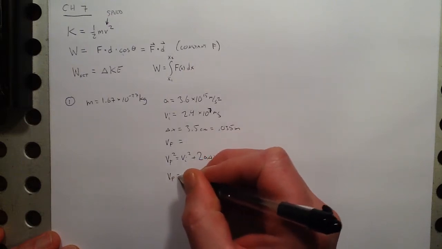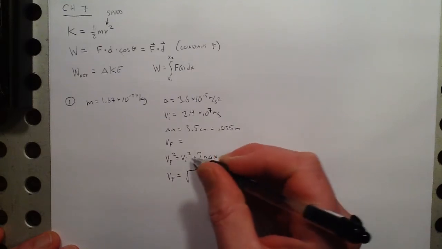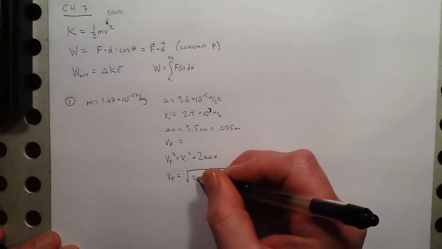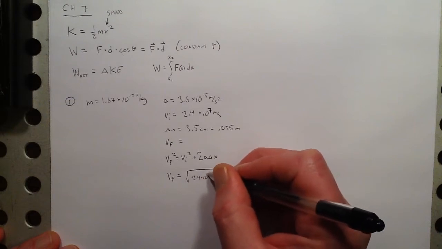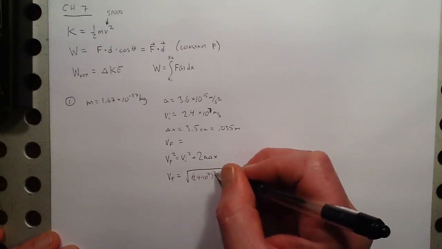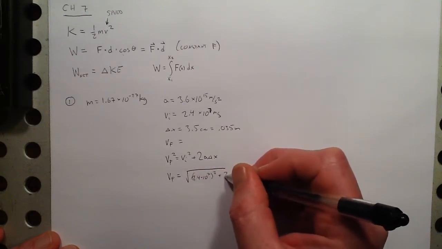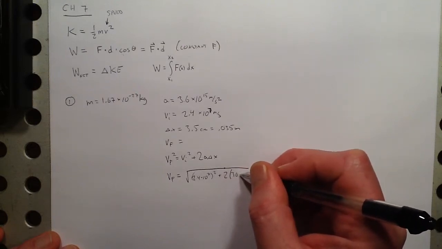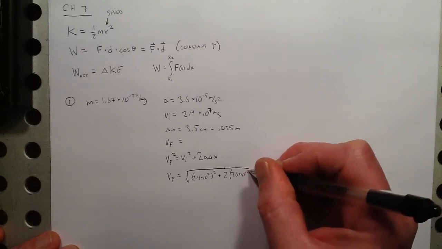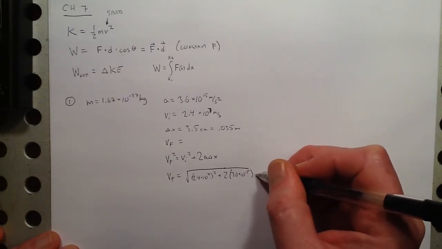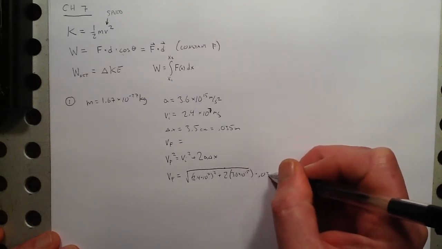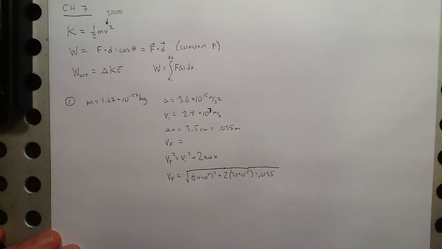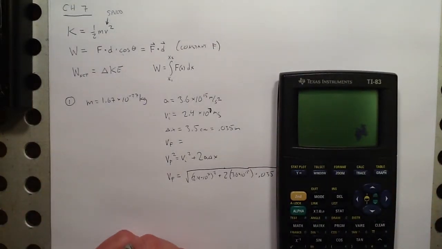So Vf is equal to the square root of Vi squared plus 2 times the acceleration times delta x. Let's jam that into the calculator, see what we get.